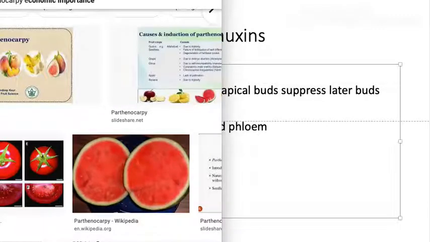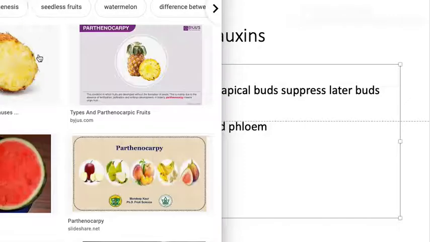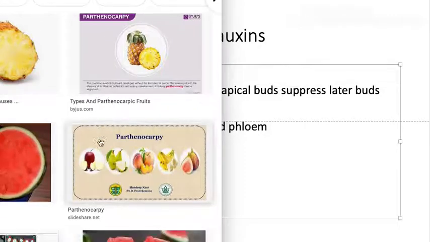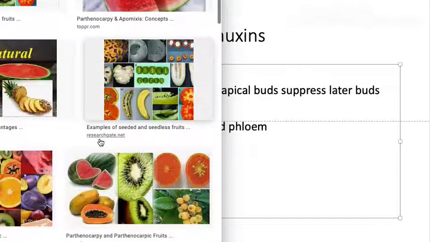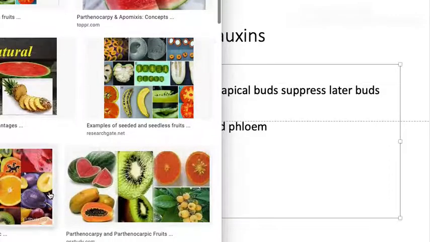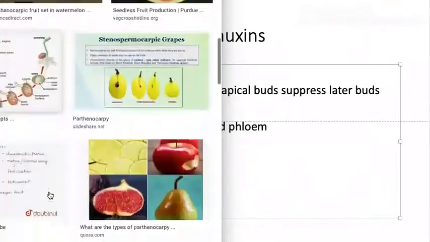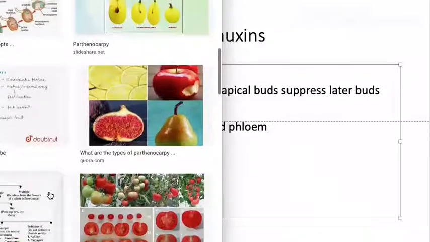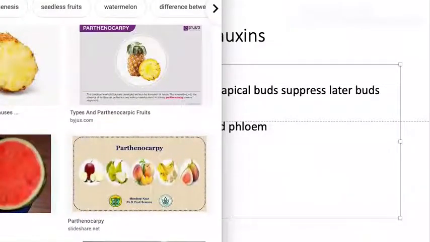Parthenocarpy is the formation of fruits without any fertilization. Fruits that are produced without fertilization are called parthenocarpic fruits.